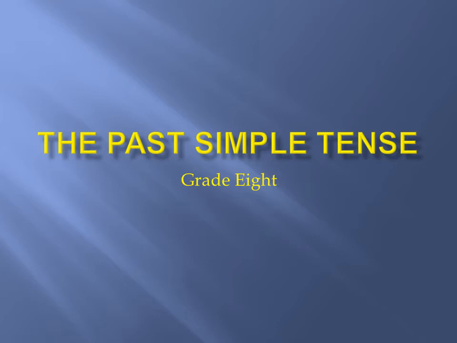Second, it is completely finished at that time. We use it to describe an action that happened in the past and was completely finished at a certain time in the past. And that may be the most important difference between the present perfect and past simple.